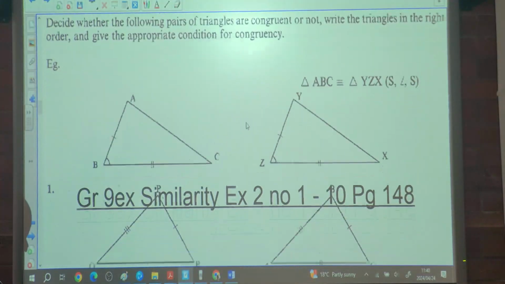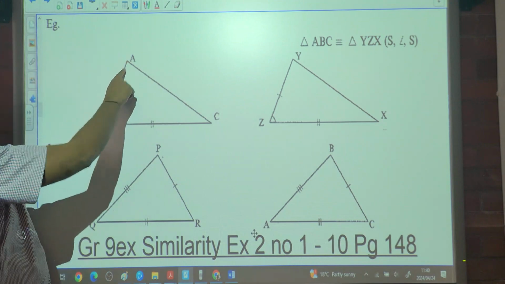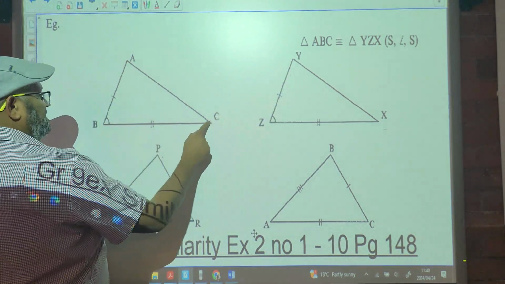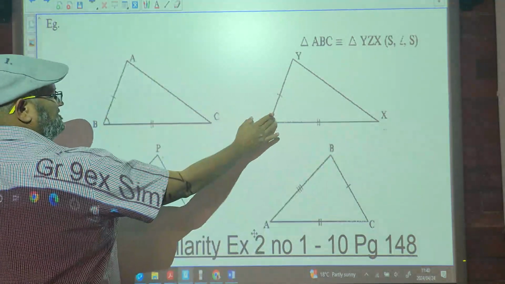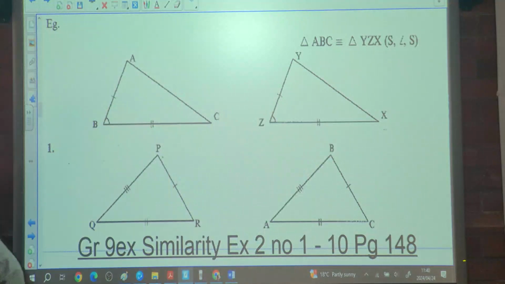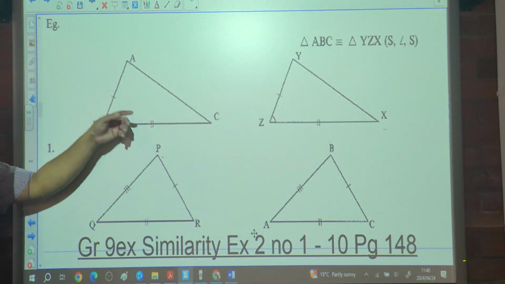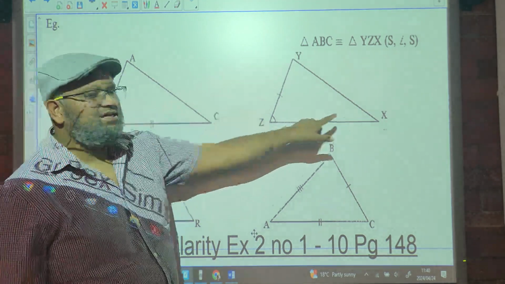The other gave us an example of what they want. As you can see here, you got AB equals XY, BC is equal to ZX, and angle B is equal to angle Z. So you got two lengths and included angle. And what case of congruency is that? Side, angle, side. So what we do is you say triangle ABC is congruent to triangle YZX.